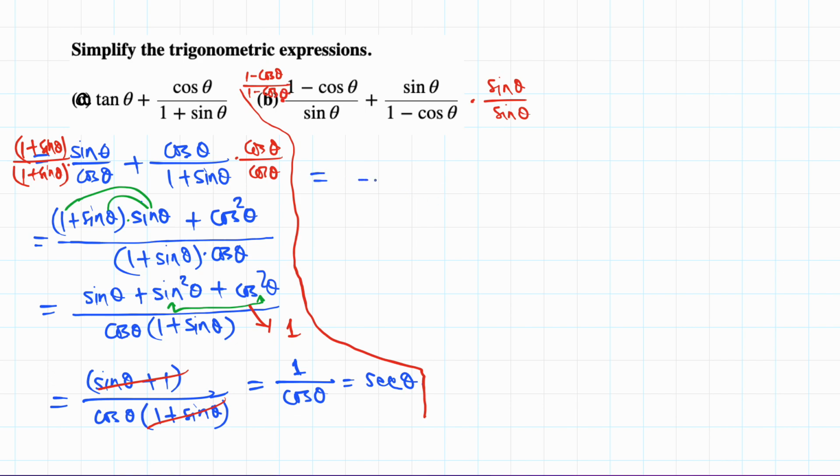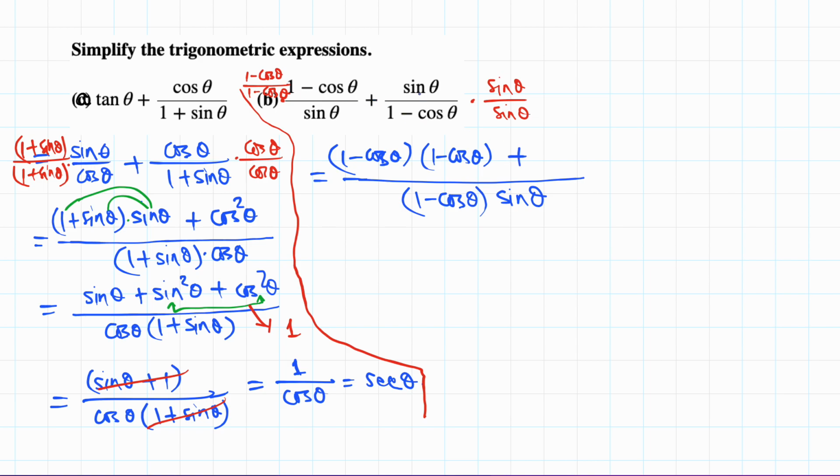That way we have the common denominator: 1 minus cosine theta, two terms, so we put parentheses around, times sine theta. On the top, 1 minus cosine, with parentheses around, times 1 minus cosine, the bottom of the second, plus sine times sine. Sine times sine is sine square theta.